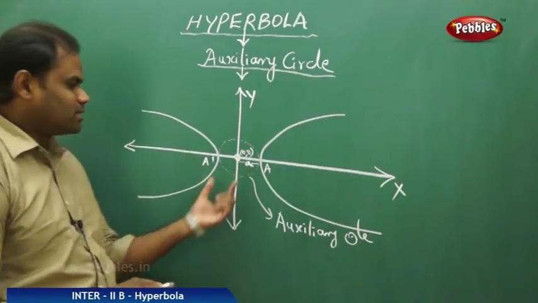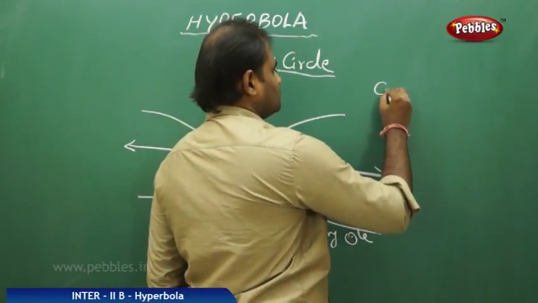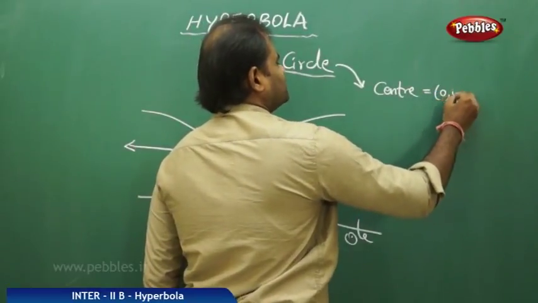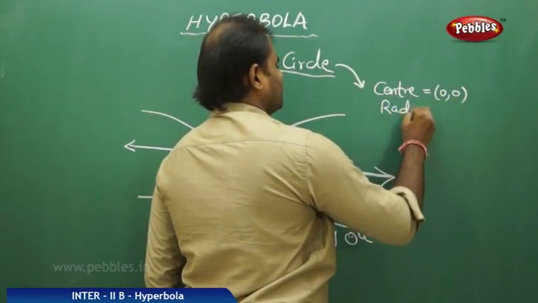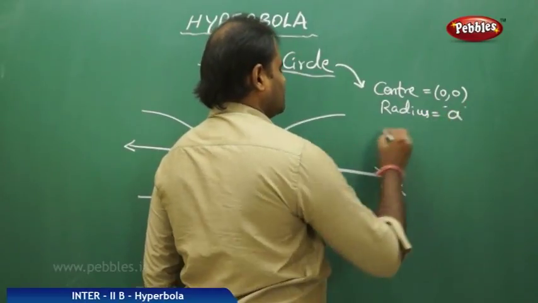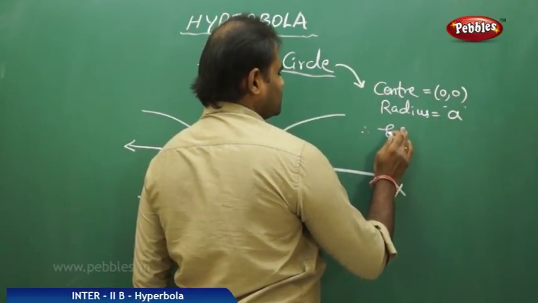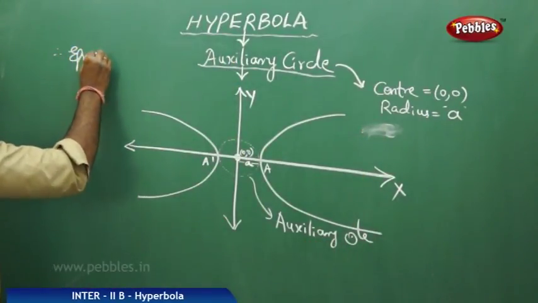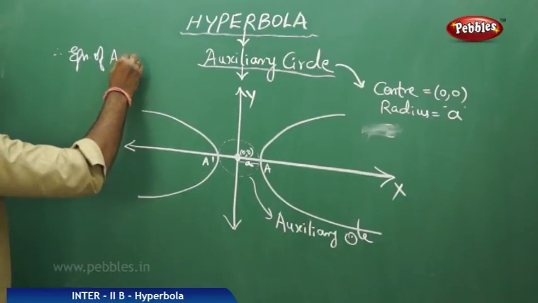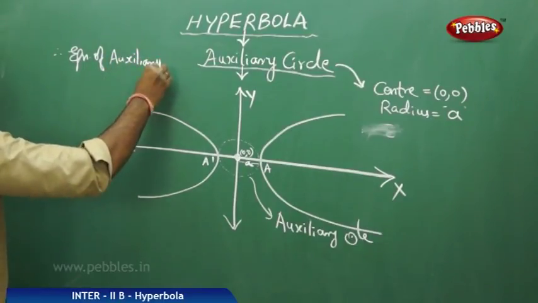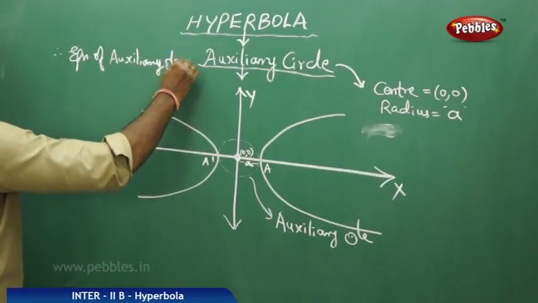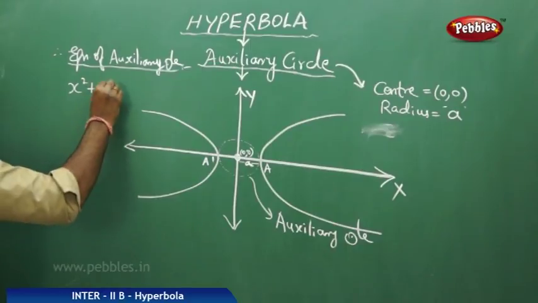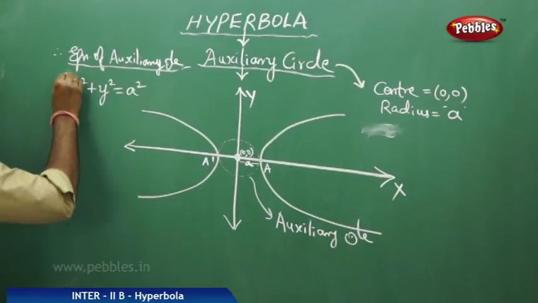Now, since the center of the auxiliary circle is the origin and the radius is a, the equation of the auxiliary circle is given by x squared plus y squared equal to a squared.